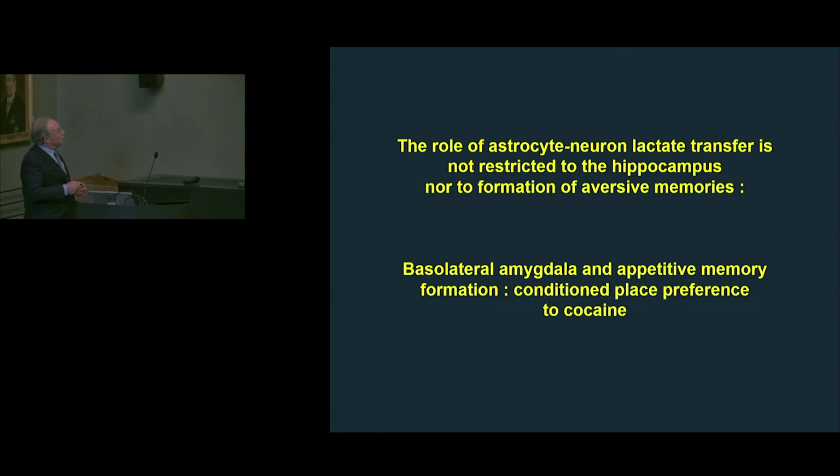We also wanted to check whether this was only true for aversive memories, pain, like the inhibitory avoidance, or also present in appetitive memory formation in another area of the brain, such as the amygdala. And so we looked at what is called conditioned place preference for cocaine.